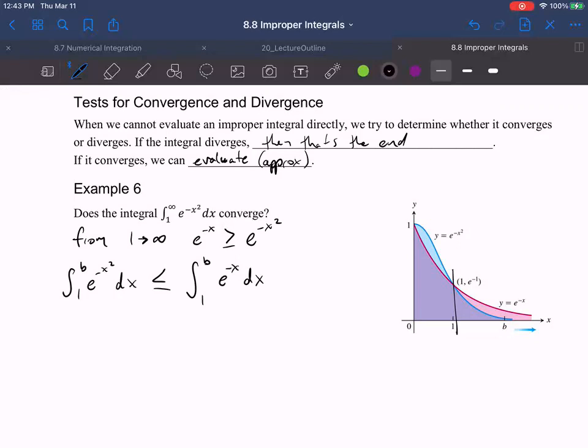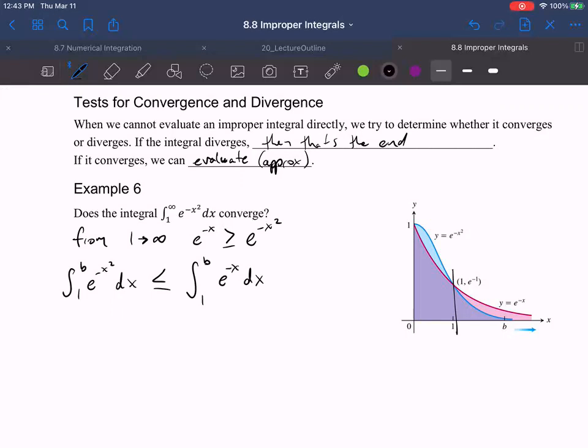Now, if e to the negative x diverges, then we don't know. It may or may not. Like e to the negative x squared may still diverge or may still converge. It won't tell us. But if we can show that e to the negative x converges, then we know the other one has to as well because it stays below it the whole way. It's always less than it.